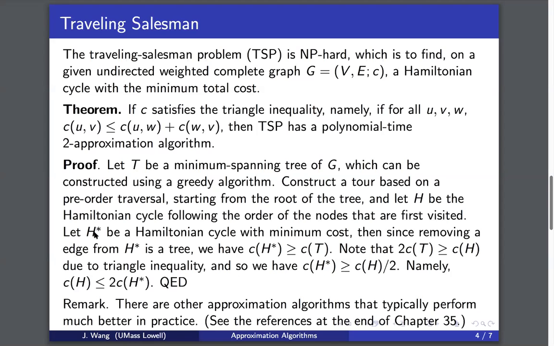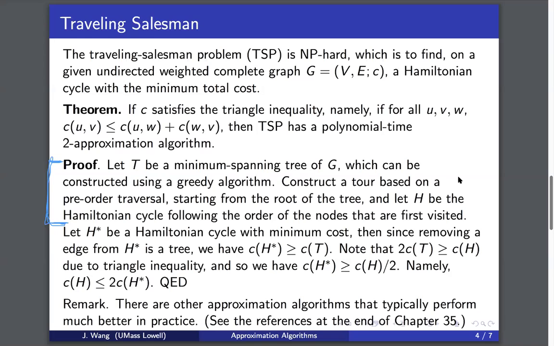So now we let H be the tour. This part is what I explained earlier. So only a few lines, but of course the idea behind this is what I said. Okay, now we let H star be a Hamiltonian cycle with minimum cost. We don't know what it is, but we know such a thing exists.